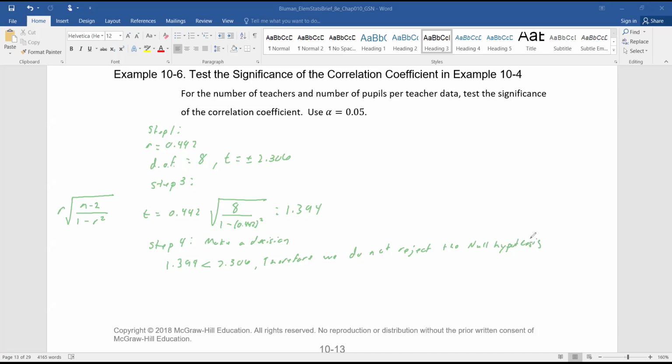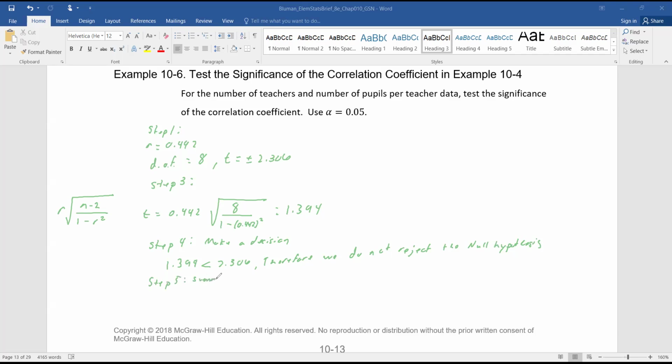All right, so because that 1.394 was less than the 2.306, it doesn't fall in my critical region. It stays in the safe zone. If I rejected it, I would be incorrect by more than 5%.